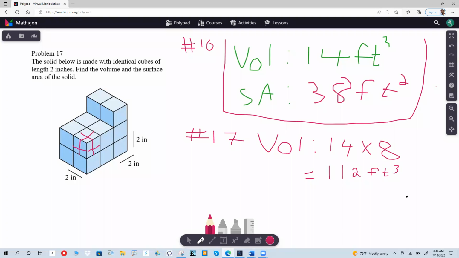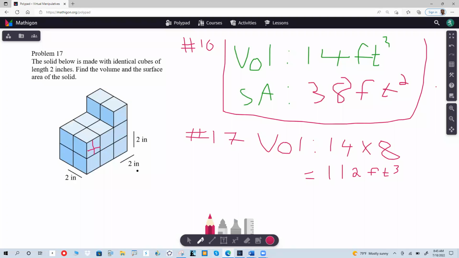Okay, I'm going to check it once again. I think that's correct. All right, now surface area is a little tricky. Of course, we know how many squares are exposed. The answer is 38. That's the answer to number 16. But each square, which is a 2 by 2 square, is actually made of 4 unit squares, not 2, but 4.